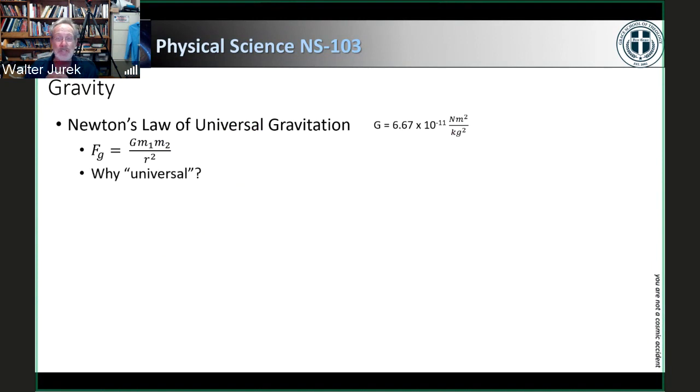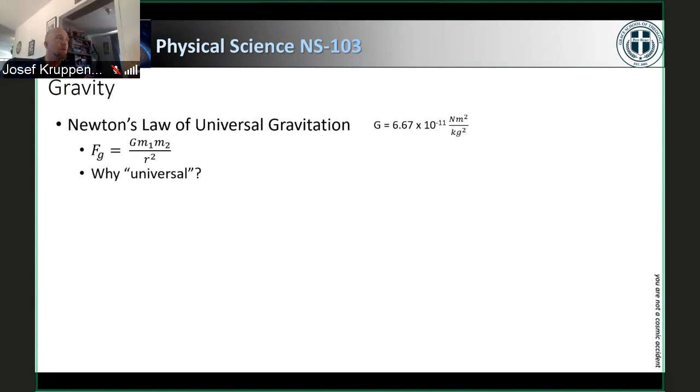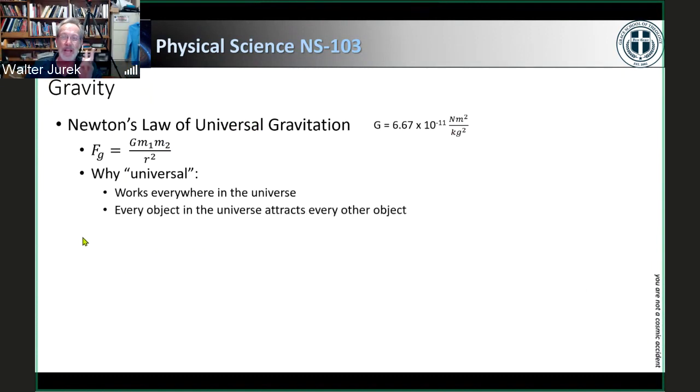Anybody got an idea why it's called universal? I'm going to say because it's a universal law. It is a universal law, but there are two reasons why it's universal. One, it works everywhere in the universe, and two, every object in the universe attracts every other object.